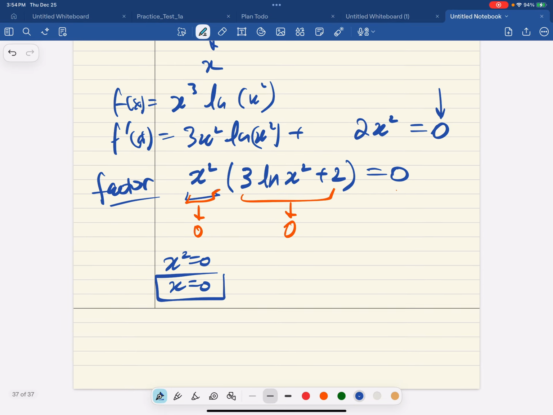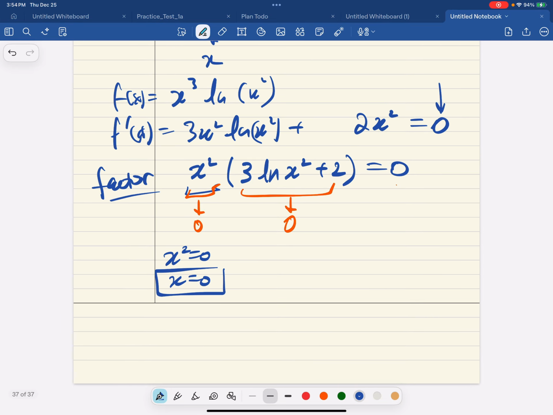If 3 ln x to 2 plus 2 equals to 0, well then, first of all, it has to be equal to minus 2, and then x to 2 has to be minus 2 over 3. And then, here's the tricky part, you just need to play with ln and e's. Because we know that, let's say ln of y is equal to 7.